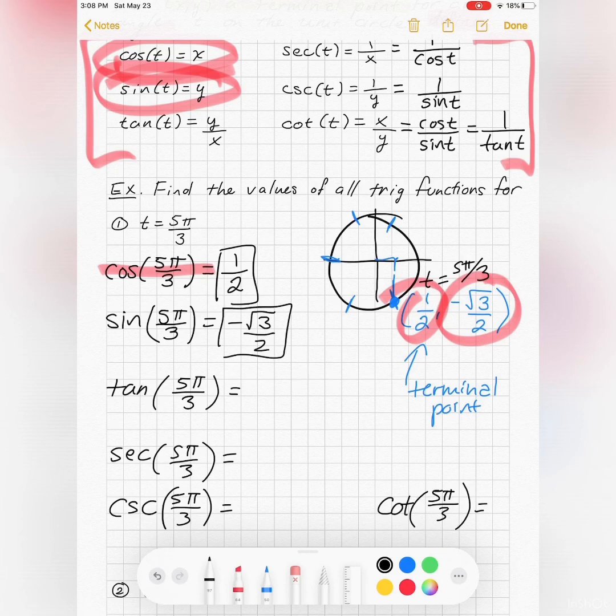The tangent is the y over the x, so the sine over the cosine. To simplify that, I could multiply by 2 over 2. So what is that? Negative root 3.